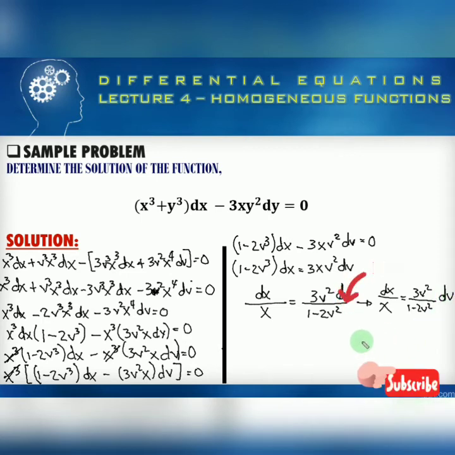So after this one we are going to integrate. First we are going into this dx over x, and later we will go also to the integration of this term here.